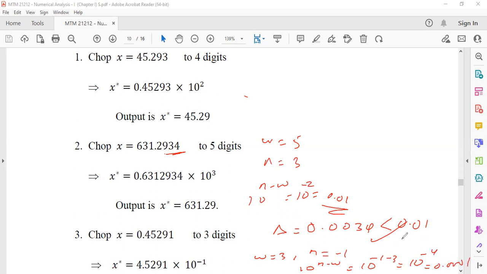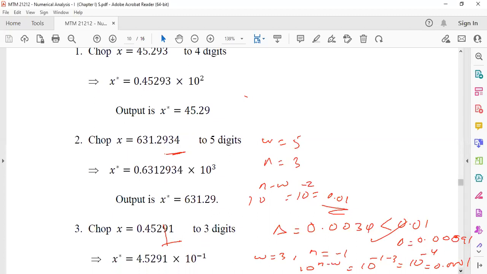Then the tolerance delta will be 2, 4, 5, 3 digits. So if you take off 0.00091, isn't it? Yes. Therefore, it is also less than that. Am I right?